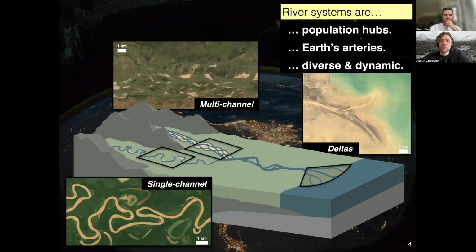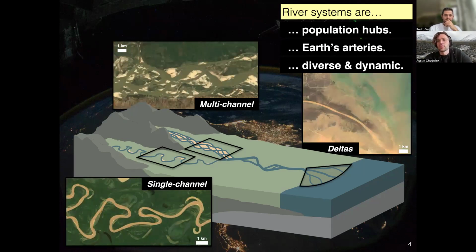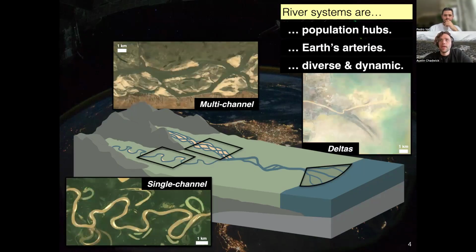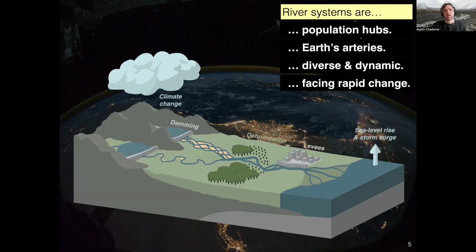And then to the sea, where rivers deposit their sediment loads and build deltas that are really dynamic and constantly shifting over time. And importantly, river systems today are facing a lot of changes due to climate as well as human activities. So we're thinking about sea level rise, storm surge, as well as things like damming, deforestation, and the construction of man-made levees.